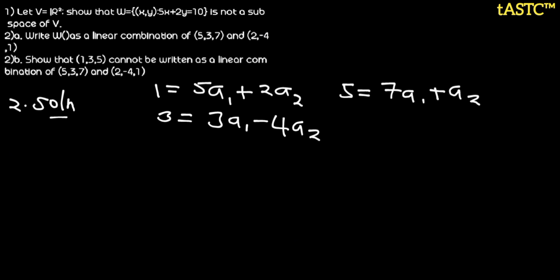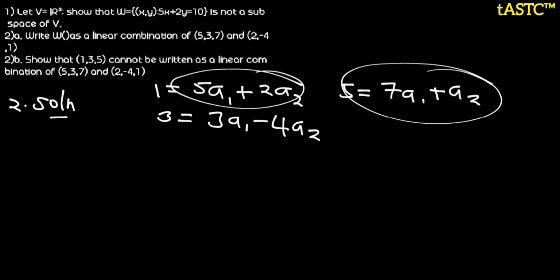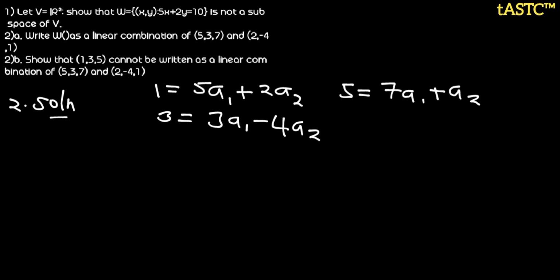So you're going to wipe these out. So we need to solve these systems of equations simultaneously. So let us start with this as well as this. That is equation 1 and equation 3. Now, we could use the elimination method and cancel out A2. Now, we're just going to work with A1. So let us multiply this by 2.